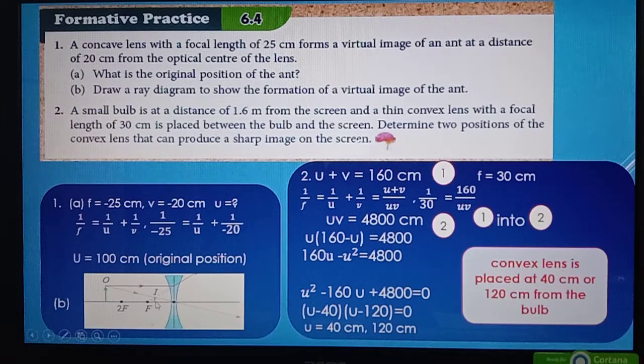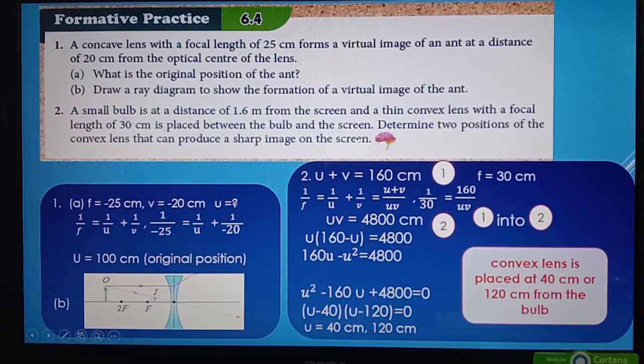So this is the image that forms. You can mark the distance here. This is 100 centimeter, and the image here is 25 cm. So you get this diagram as the ray diagram for answer B.